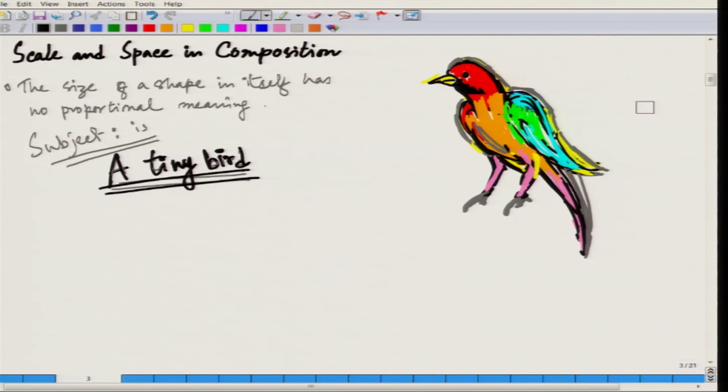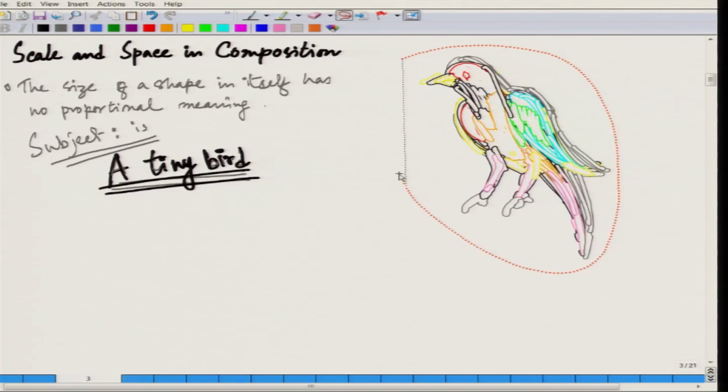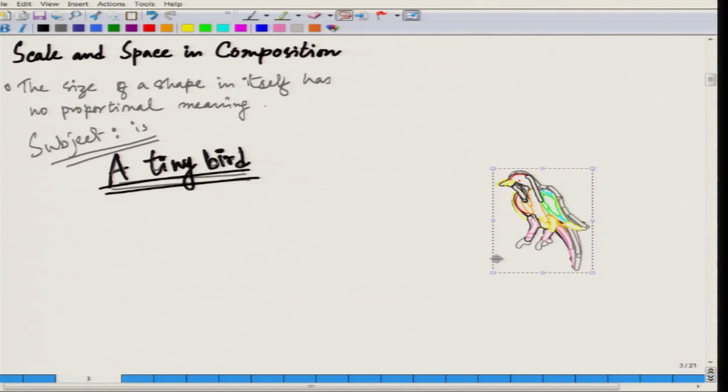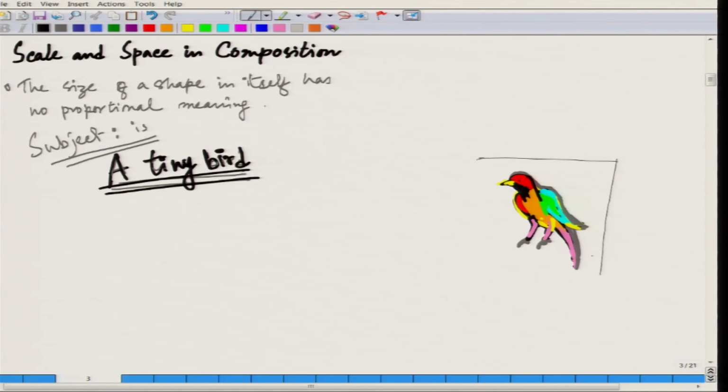So, one way is to reduce the size, but that may not solve the problem, because if we feel that this is a bird in context to a paper which is this big, then the bird will again become big. So, we need to change the context and give it a good context that will justify the word tiny for it.